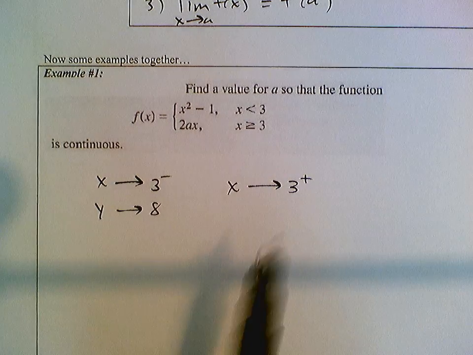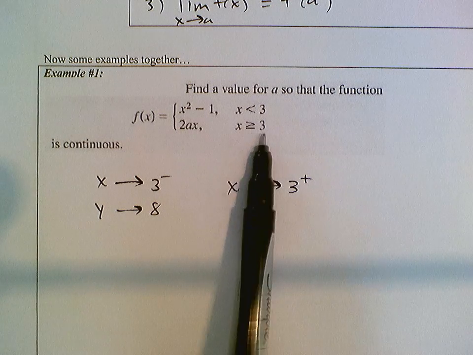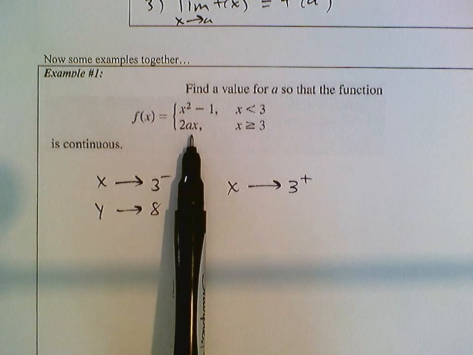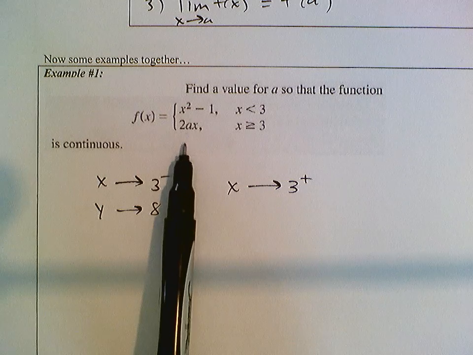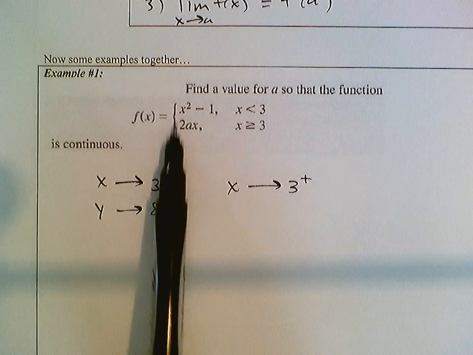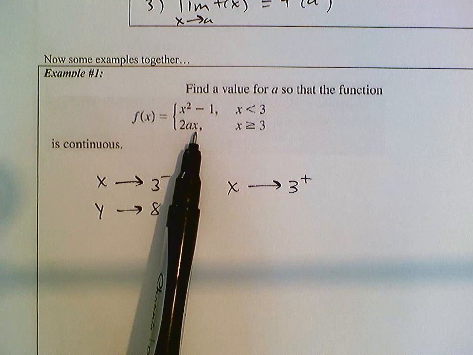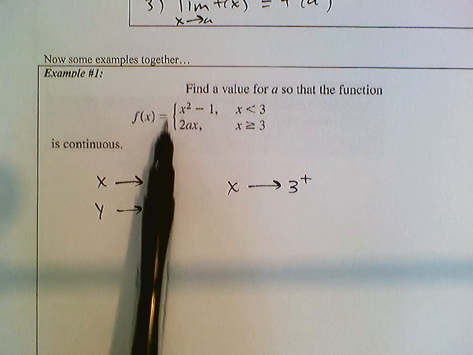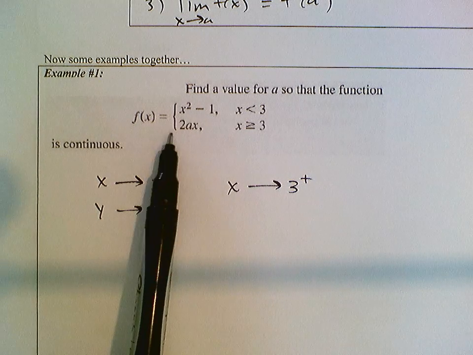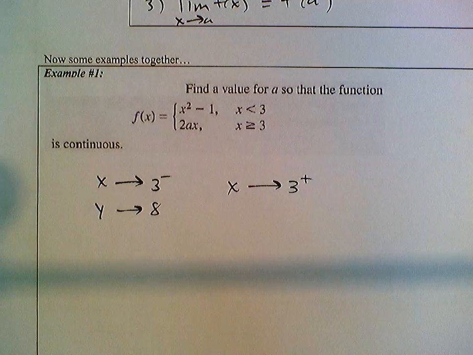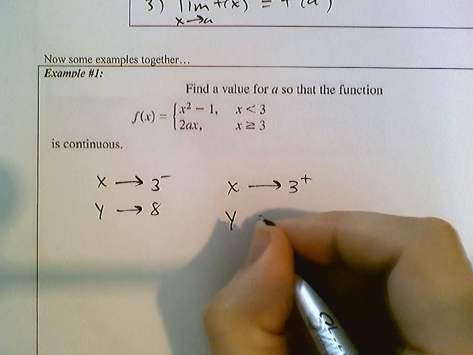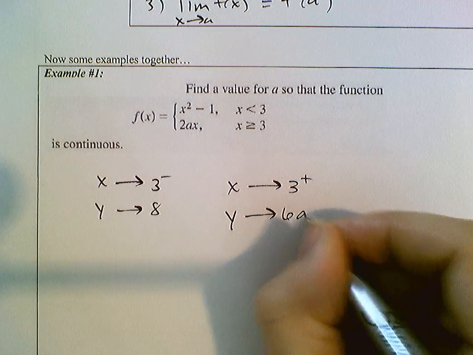For x approaching 3 from the right, I'm on this interval, so I'm going to use this piece. Just imagine plugging in something very close to 3 for x, and we will get very close to 6a. 2 times about 3 is about 6. So y is going to approach 6a.